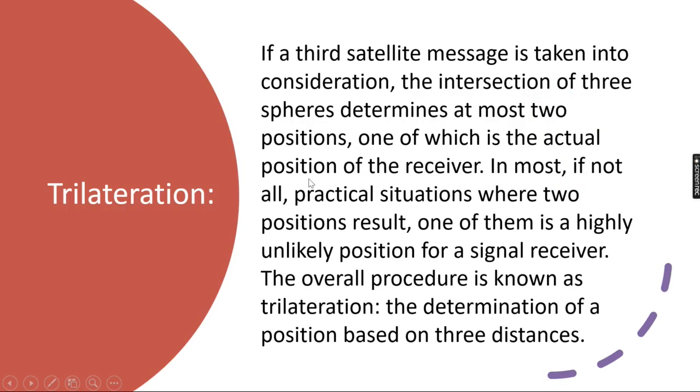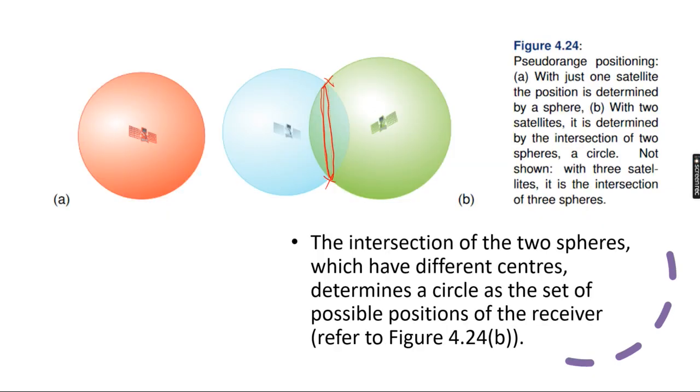Now we will see the trilateration process. If the third satellite is also taken, then the intersection of three spheres will determine two most likely positions.